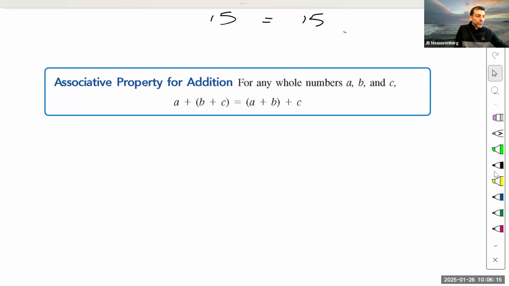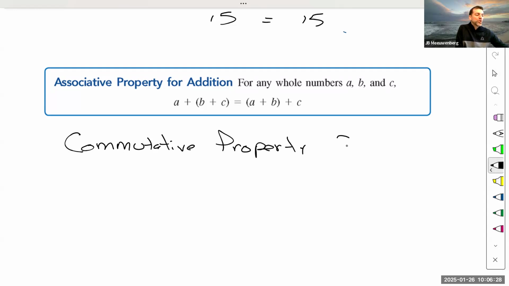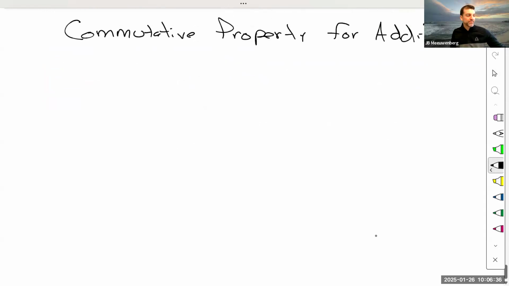The next property we need to discuss is called the commutative property. The commutative property for addition. Notice these are all about addition. So when you hear the word commute, what do you think of?